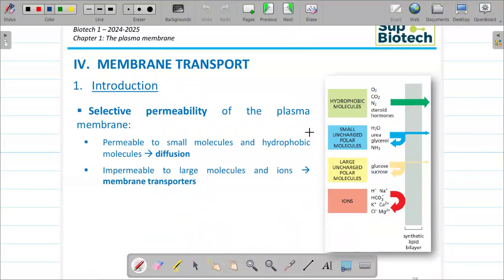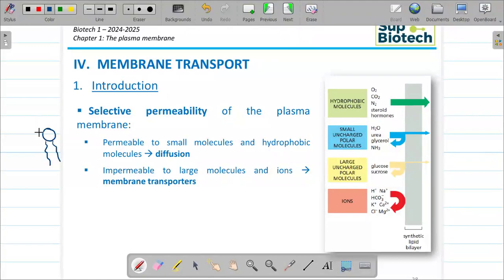Regarding the functions of the plasma membrane, we already discussed receptors, and this topic will be mostly focused on transport, the selective permeability of molecules. Recall the structure of the plasma membrane: this is your glycerol and your fatty acids are here.